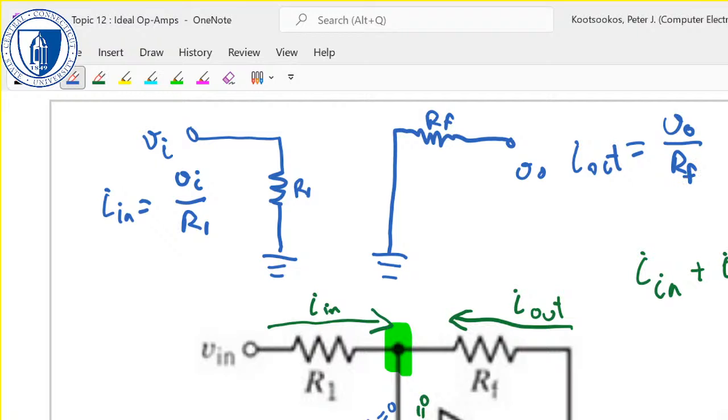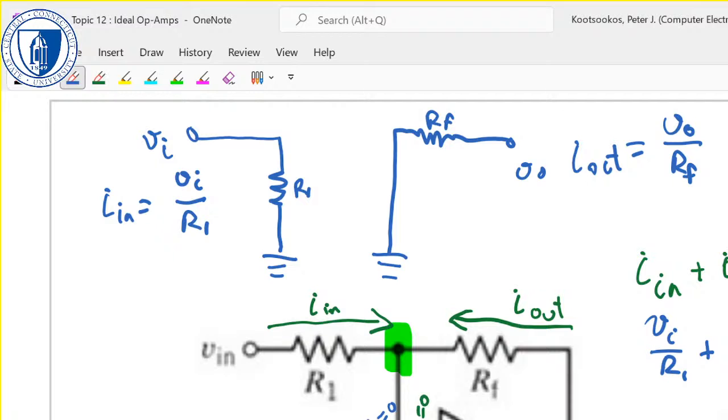Now we can just substitute both of those in, and we get VI on R1 plus V out on RF equals 0, or VI on R1 equals minus V out on RF.